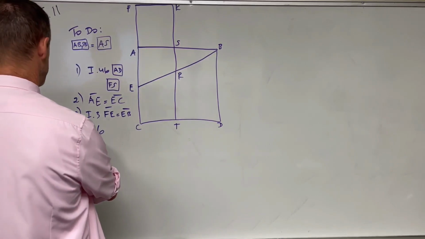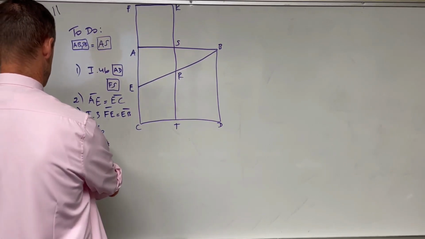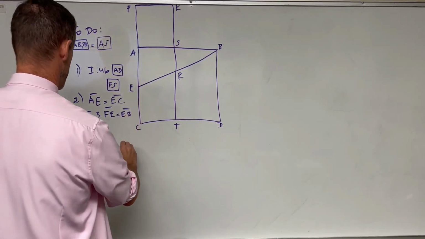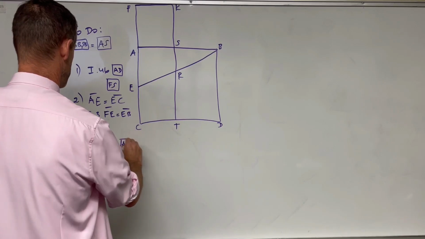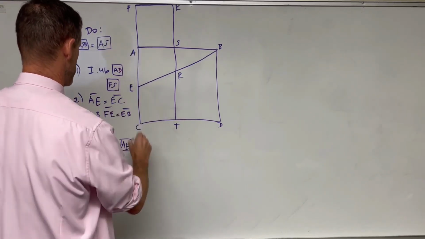I'll write that up. So that's the rectangle CF, FA, plus the square on half of the original, AE, is equal to the square on EA, FA, which is EF.